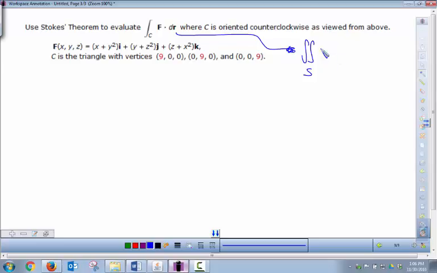But we want the curl of the vector field over S. So we have a couple things to think about. First of all, we probably should figure out the curl of F. Second, we have to figure out what that surface is. So let's take the curl of F first.